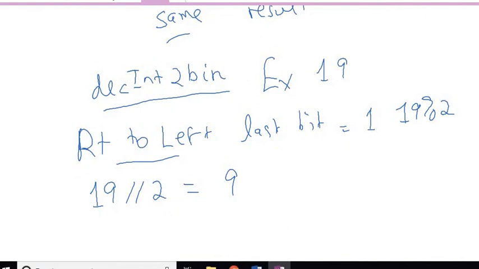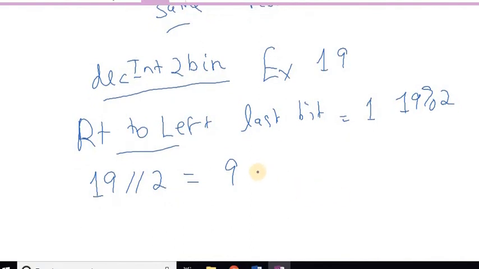Okay, so then I'm going to take the second to last bit, which is equal to 9 divided by 2, the remainder when 9 is divided by 2, and that's also 1.